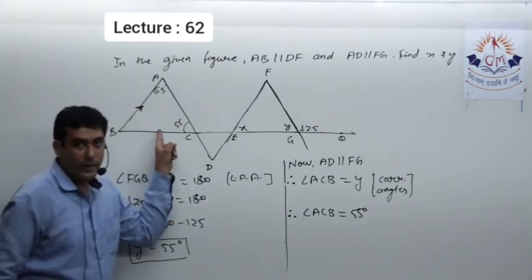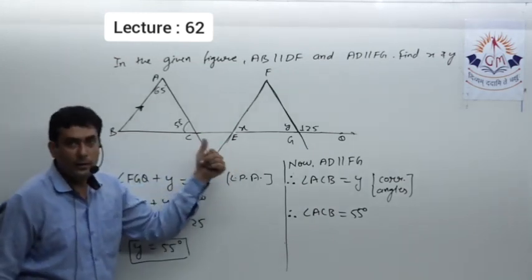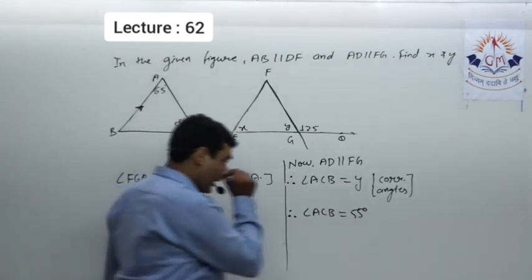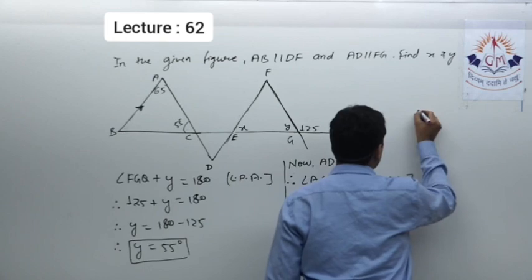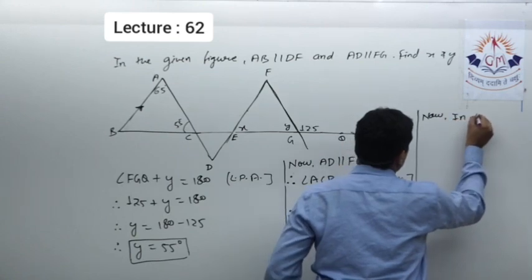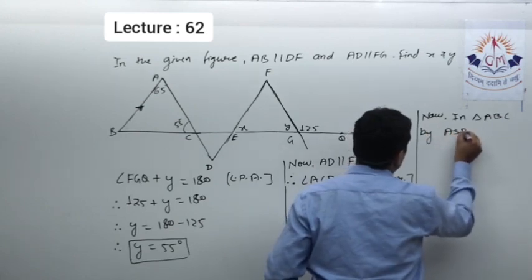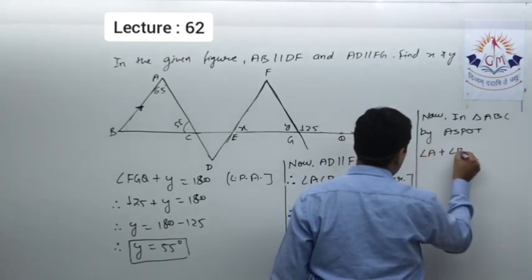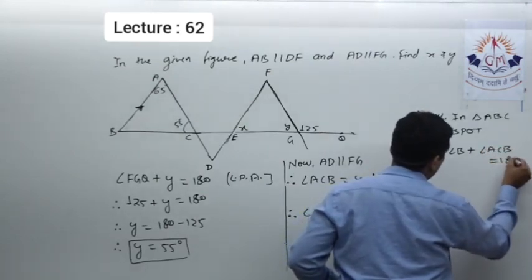Now with the help of angle sum property I'll obtain the measure of angle B, and then B and X are again corresponding angles, so in that way we'll be able to get the measure of X. Now in triangle ABC, by angle sum property of triangle, angle A plus angle B plus angle ACB is equal to 180 degrees.